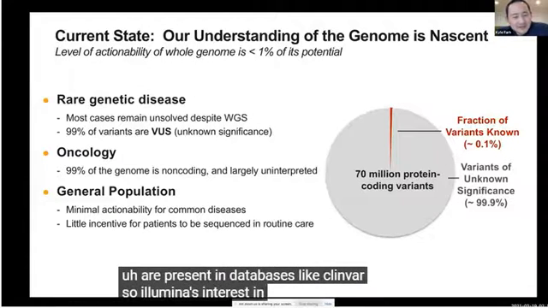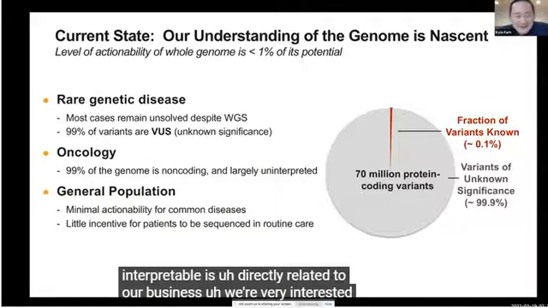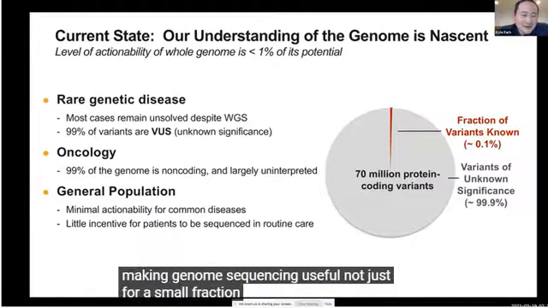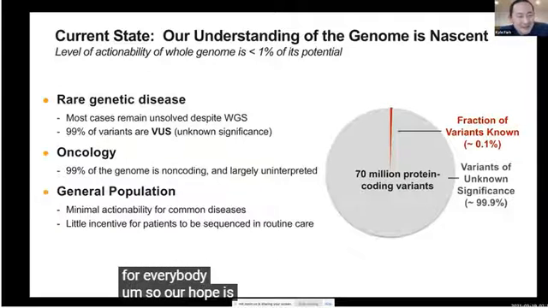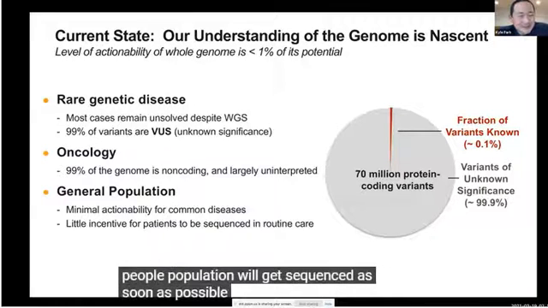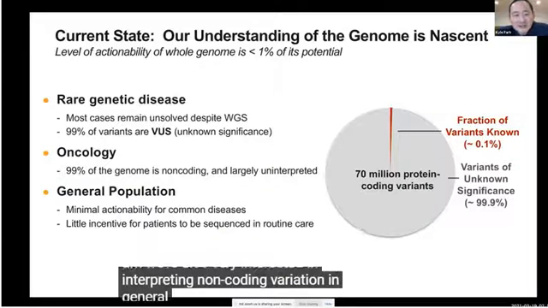So Illumina's interest in making the genome much more interpretable is directly related to our business. We're very interested in making genome sequencing useful not just for a small fraction of the population, but for everybody. So our hope is that as we make the genome more interpretable, more and more of the population will get sequenced. We're also very interested in interpreting non-coding variation in general.